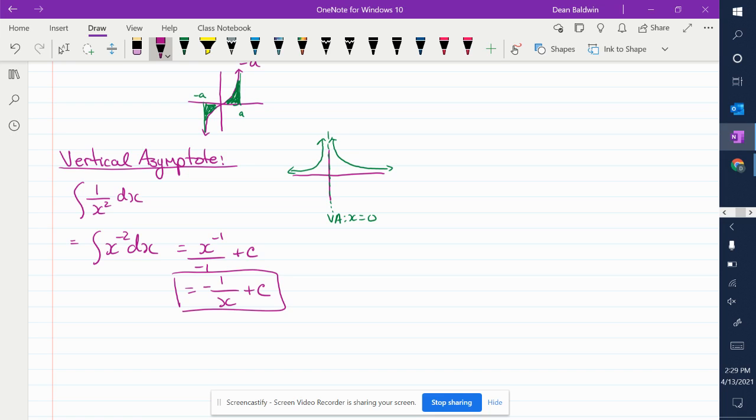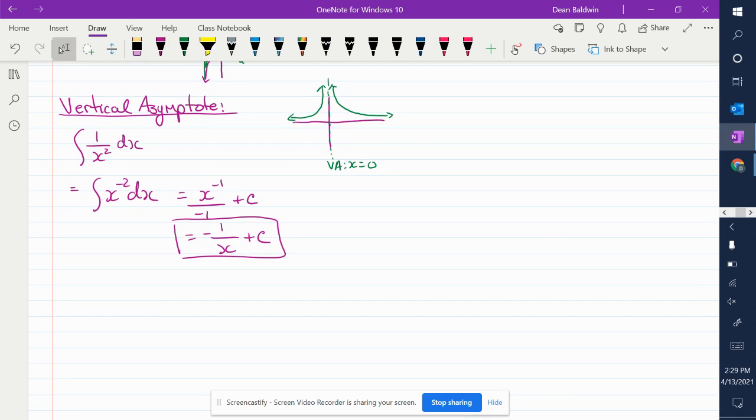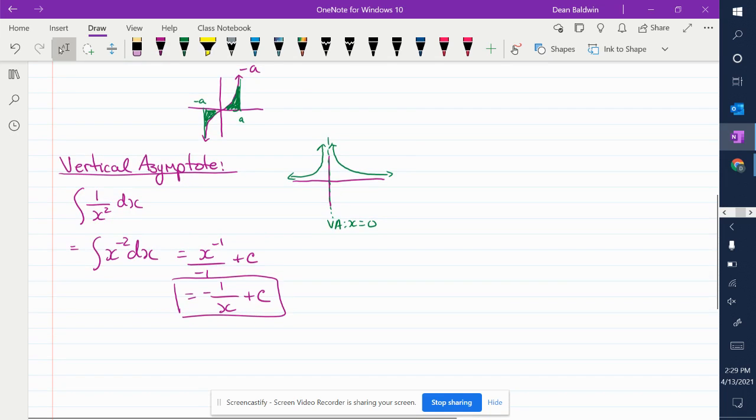Okay. What if I said, I'll do it over here, the integral from 1 to 2. Can you do that? You can, because it's from 1 to 2. I don't know what the scale is here.